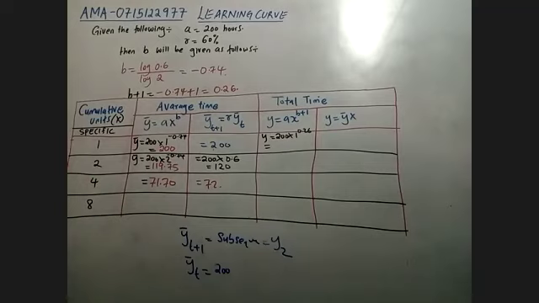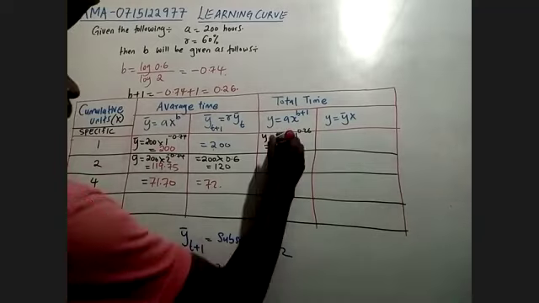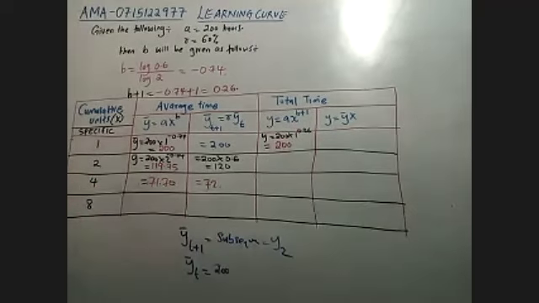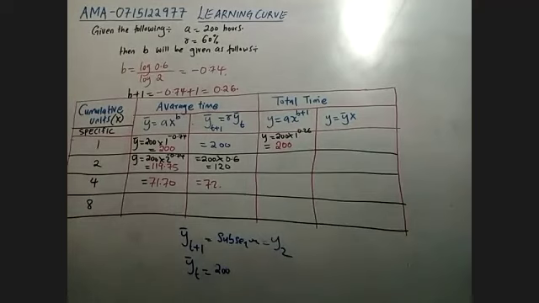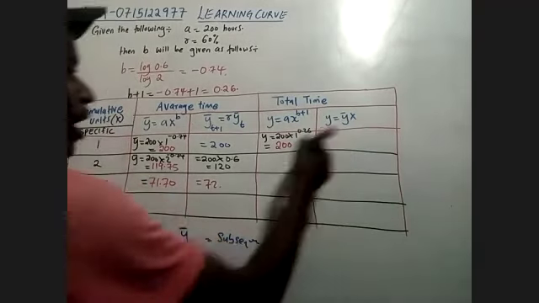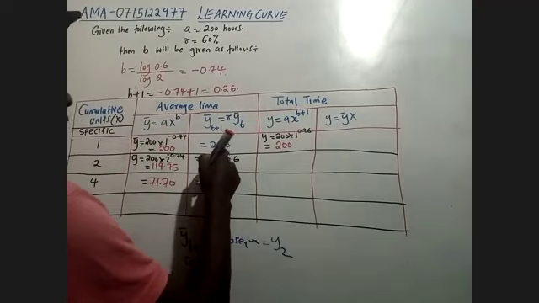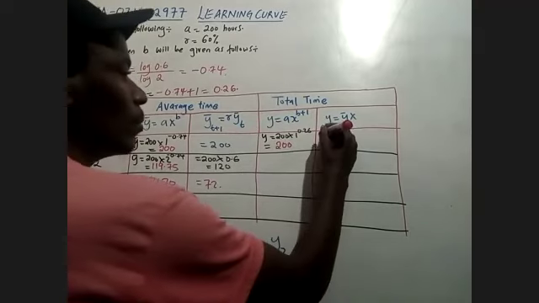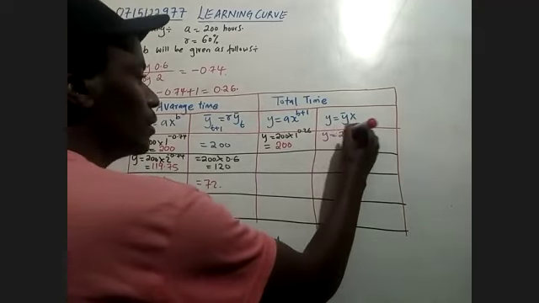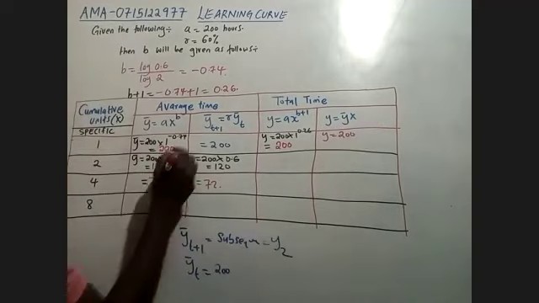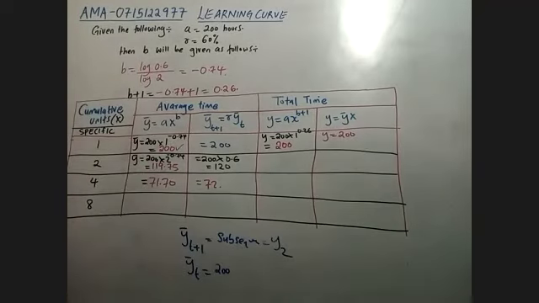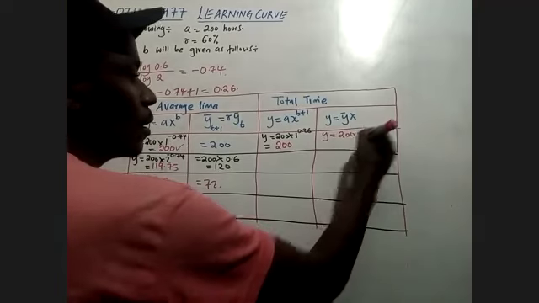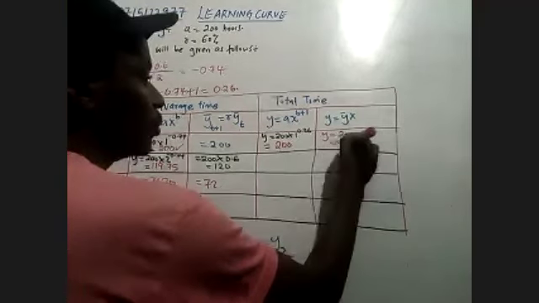How much will it be? Are you getting 200? Yes. And then the last one, y bar. I know it is 200. So y is 200, times 1, so the answer will be equal to 200.